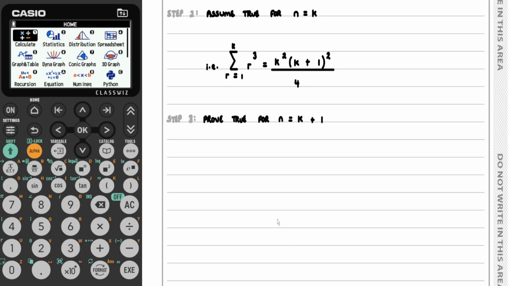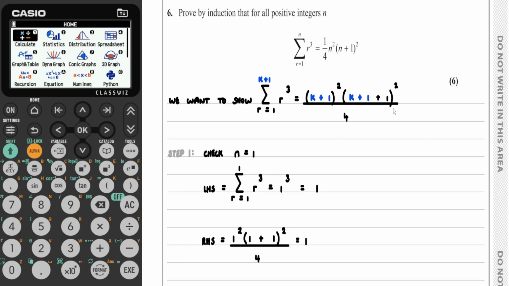For our third step, which is the induction step, we want to prove that the result is true for n equals k plus 1. So I've got the sum of r cubed from r equals 1 to r equals k plus 1, and we need to somehow show, as we have stated here, that it's equal to k plus 1 squared times k plus 1 squared over 4.